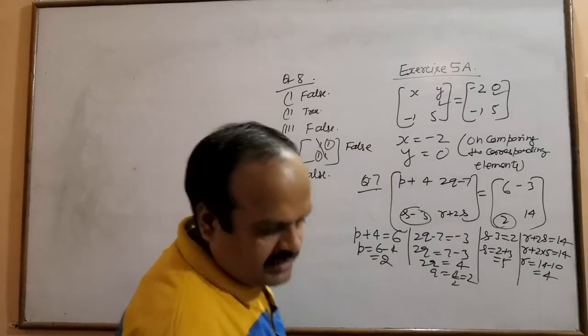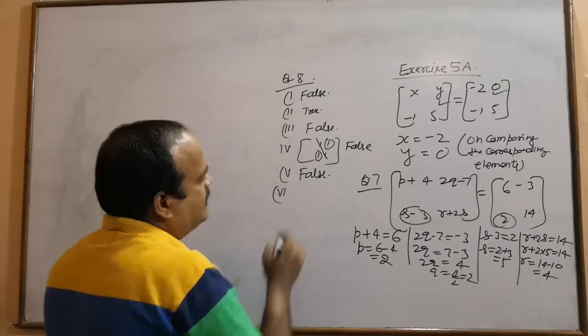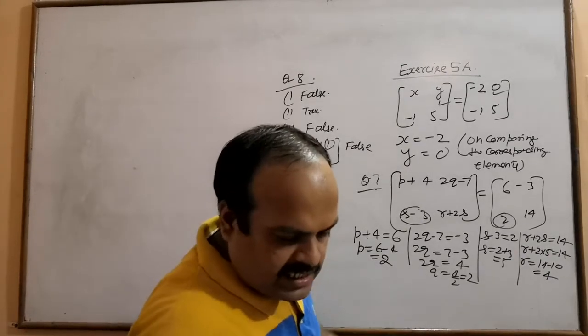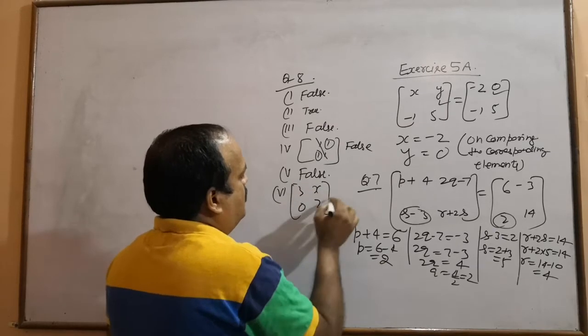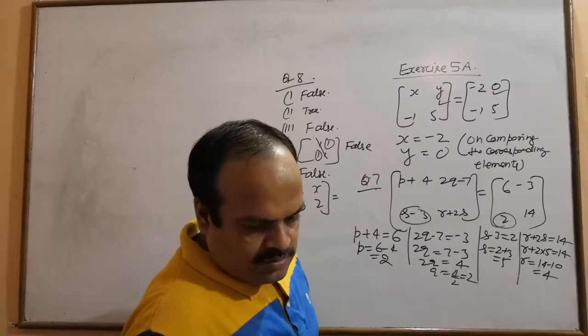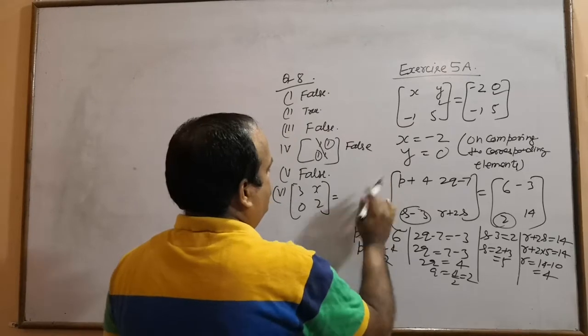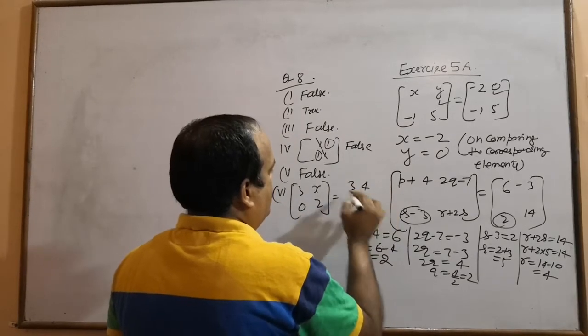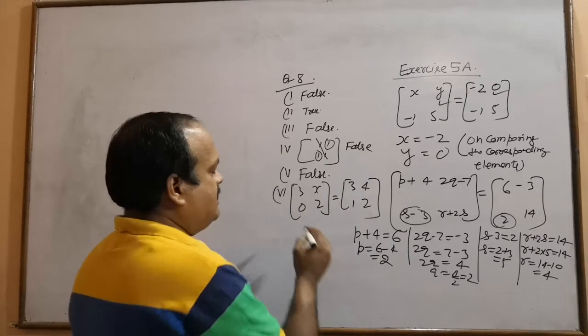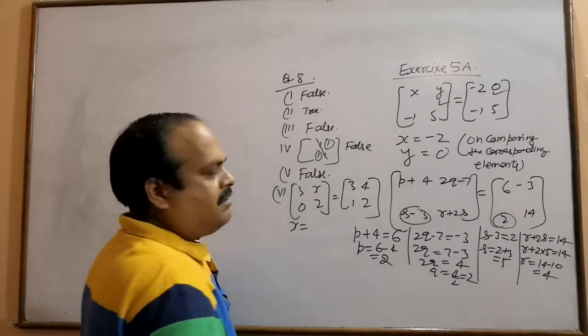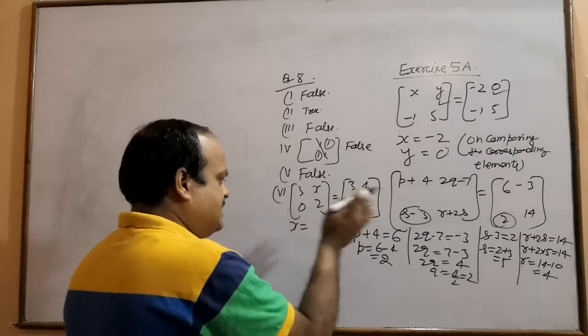Sixth: the matrix with 3, 0, x, 2 equals the matrix with 3, 4, 1, 2. If these two matrices are equal, then the value of x will be... no, these matrices are not equal.